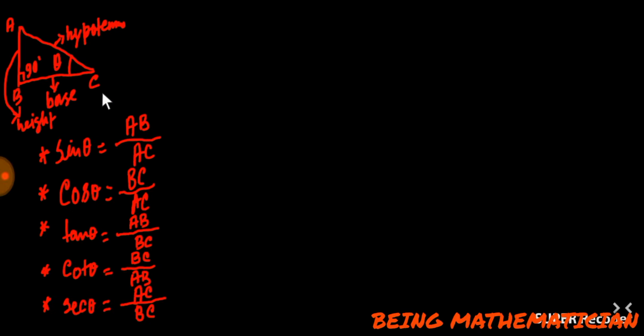And cosec theta is the reciprocal of sin theta, that means hypotenuse by height. Why should we memorize these formulas? Because these formulas are very important for this chapter.